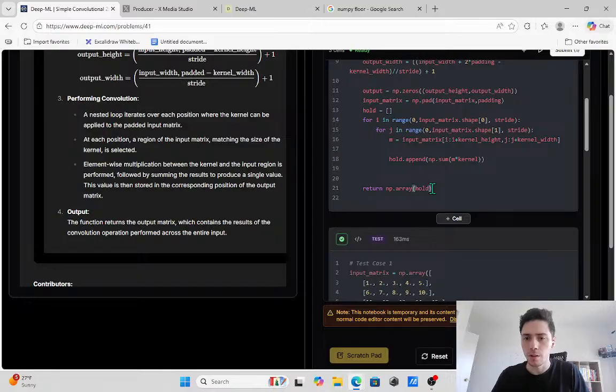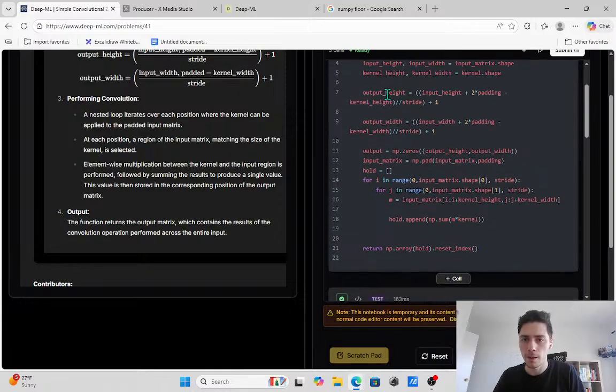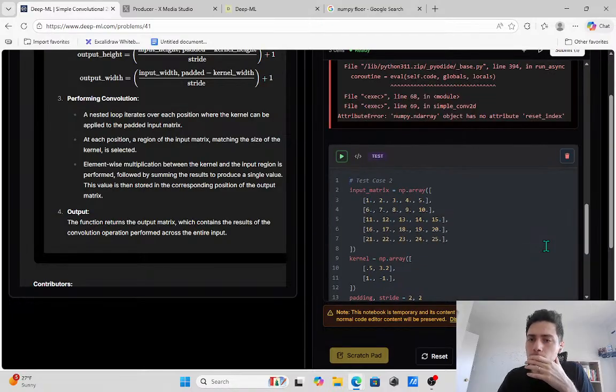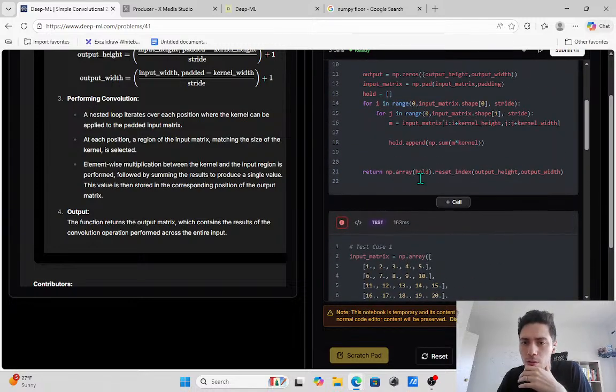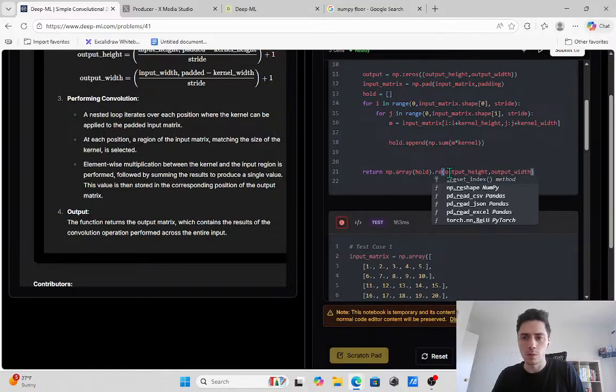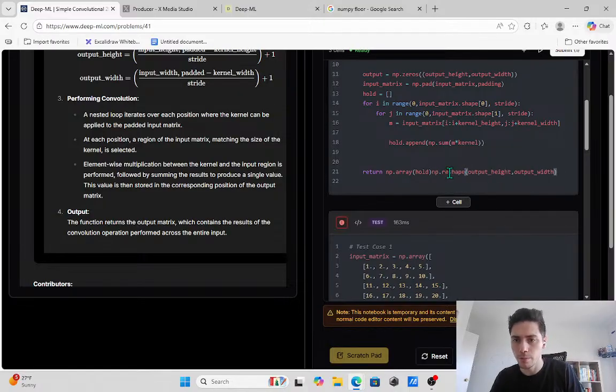Hold NP array. Reshape. Output height. Output, I don't know why. Okay. The reset, I meant reshape.